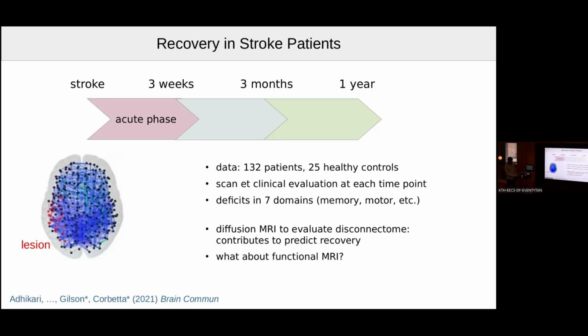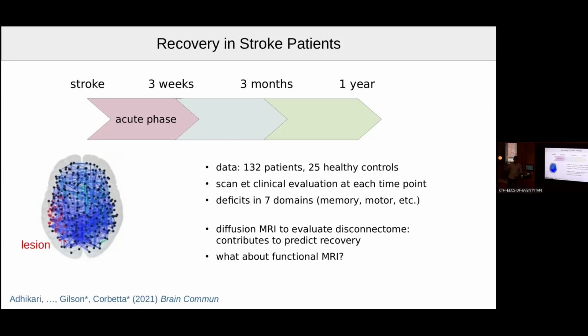And that data set, what we had is a number of patients, 130 here, and a few controls. And the specificity of this data set is that at 3 time points, we had the patient scanned and evaluated. So at 3 weeks, just after the acute phase after stroke, 3 months and 1 year.